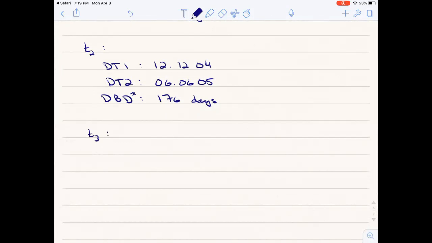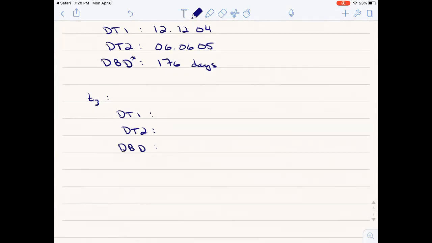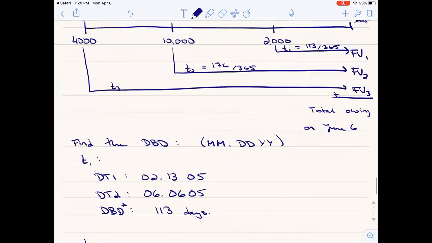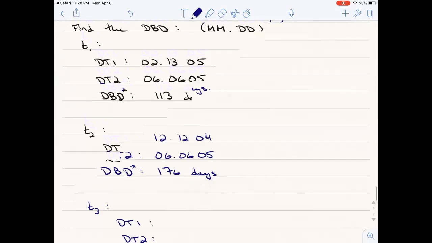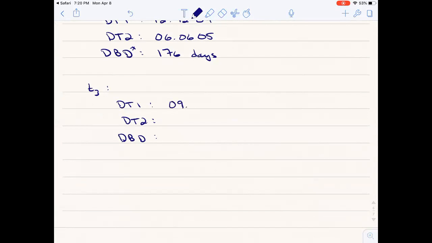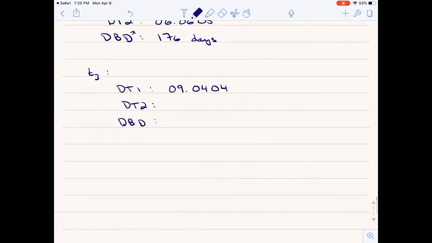Finally, T3, date 1, date 2, and the days between dates. So date 1, which was September 4th, 2004. So 09/04/04. And date 2 is 06/06/05.